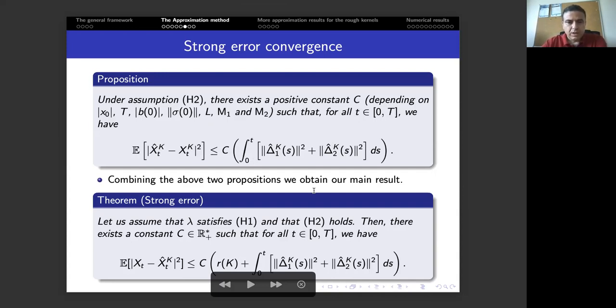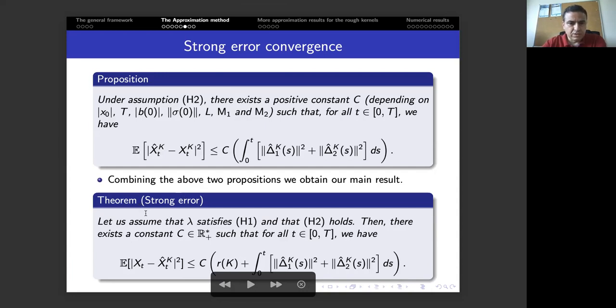So now, this is the second source of the error between the approximated truncated kernel and the truncated stochastic Volterra equation here.